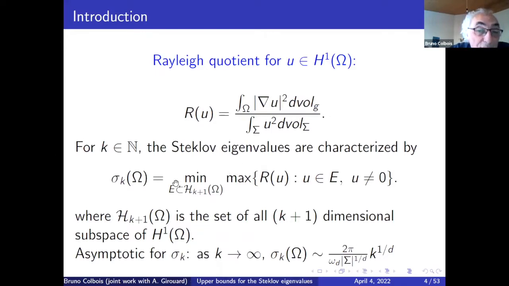Of course, we have to choose a good subspace of functions. And the last point is that there is a Weyl law for these eigenvalues, which asymptotically is k to the power 1 over d, and not 2 over d as for the Laplacian, divided by the volume of the boundary to the power 1 over d.